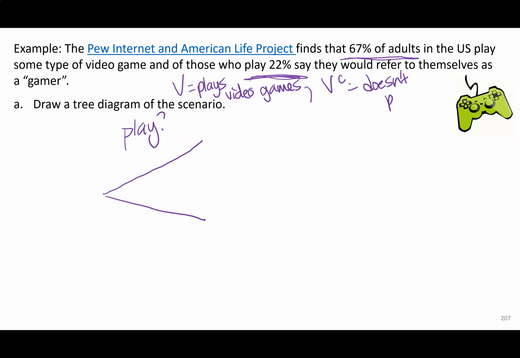And then, so we ask them if they play, so some people play, some people do not play. So the probability that they play is 0.67, so 67% play. So if 67% play, whatever's left over are the people who don't. So 1 minus 0.67, so 0.33. So I have 33% say they don't play.